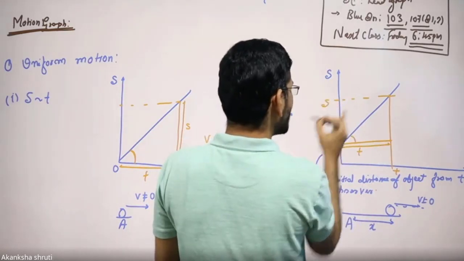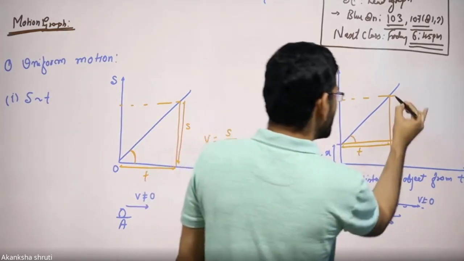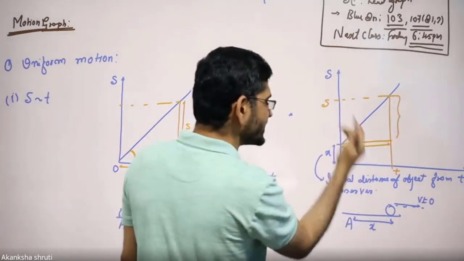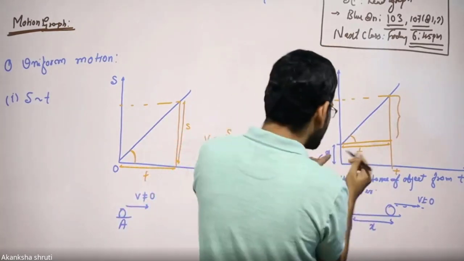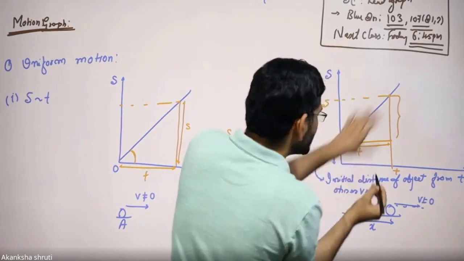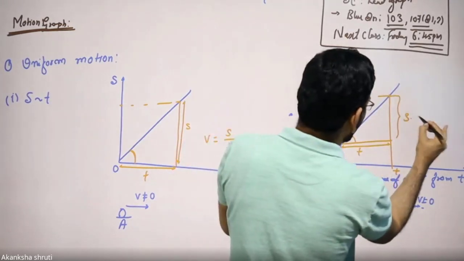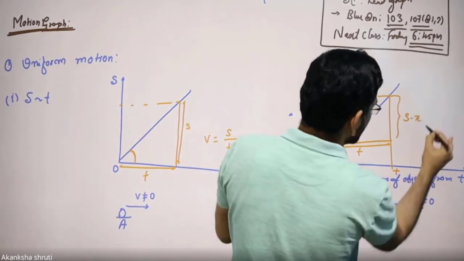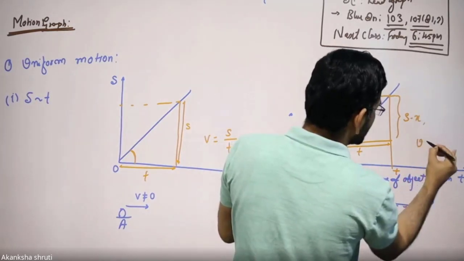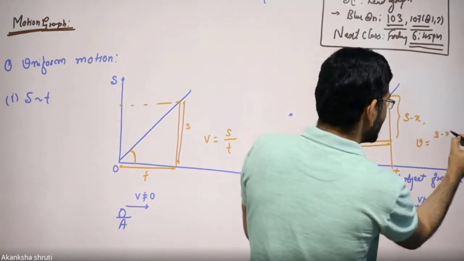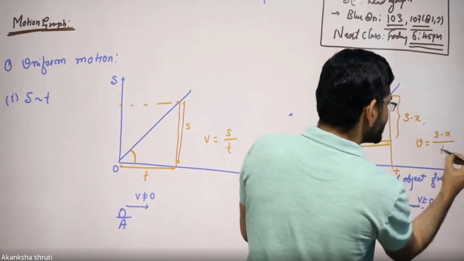Now this is our s. I need this much only for calculating the speed. So this much, from here to here only, is s minus x. So in this case, the velocity or the speed is calculated by s minus x by t. It is important.